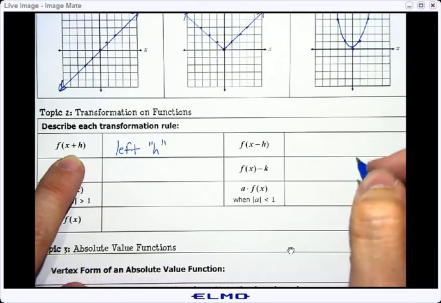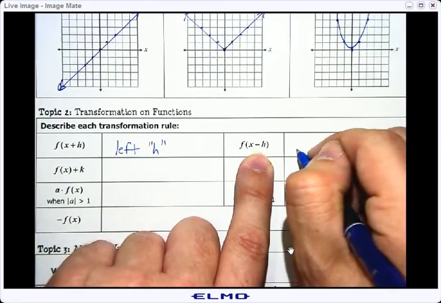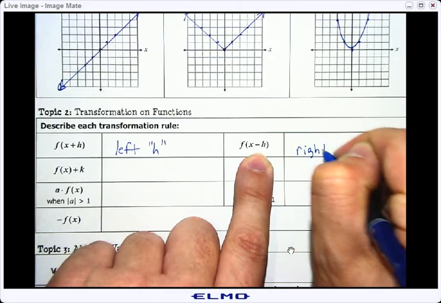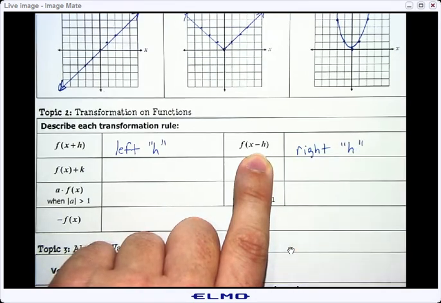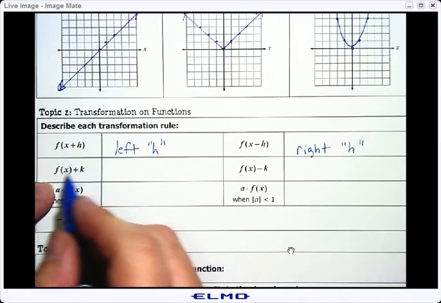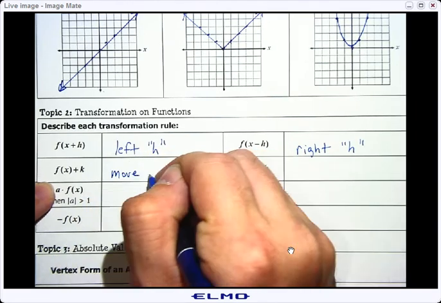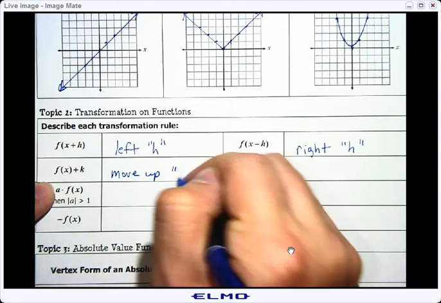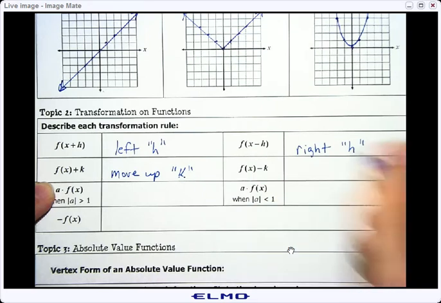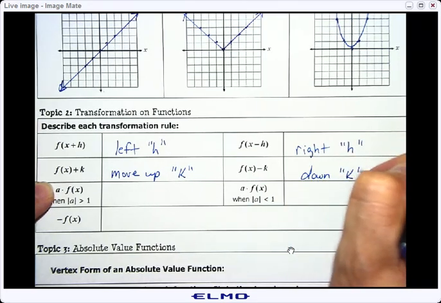The f of x minus h, so subtracting h from x, that's going to move you to the right by h. Adding k to the f of x, that's going to move you up by k. And subtracting k is going to move you down by whatever k is.